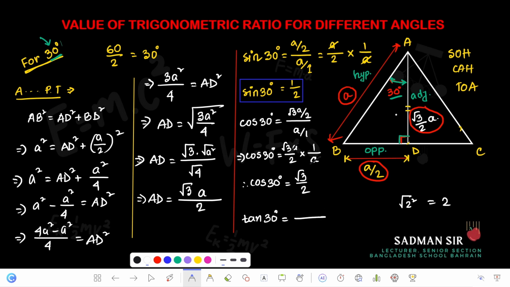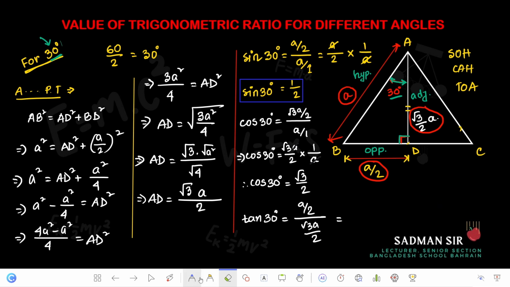And then tan 30. Tan 30 is opposite by adjacent, so which one is opposite? Opposite is a by 2. Adjacent, which one is adjacent? Root 3a by 2. So now if I continue the calculation, you know what to do: a by 2 into root 3a by 2 in the denominator, just make it reciprocal.